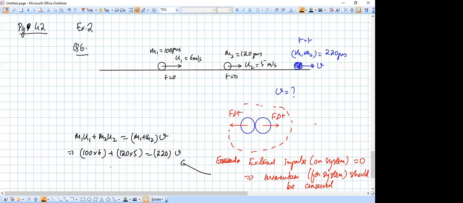So v will become 1200 divided by 220. So that is 60 by 11, approximately 5.5 meters per second.